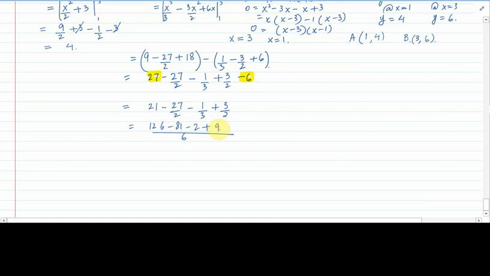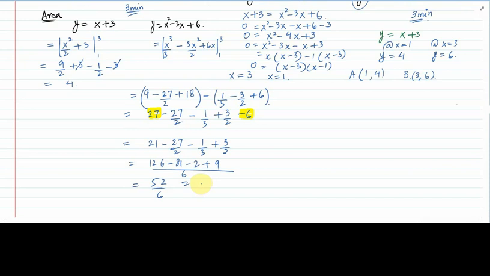So 126 minus 81 minus 2 and plus 9. So it's 52 divided by 6, which gives you the value of 8.66. Alright, that is my area of the curve.